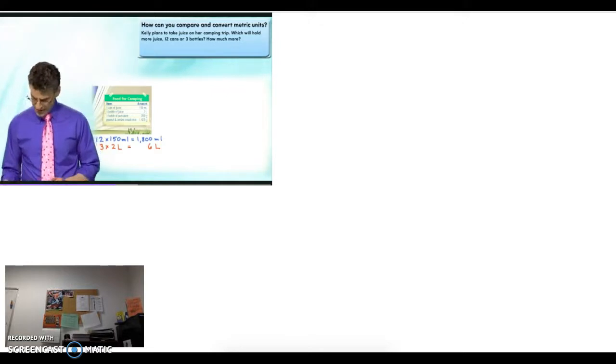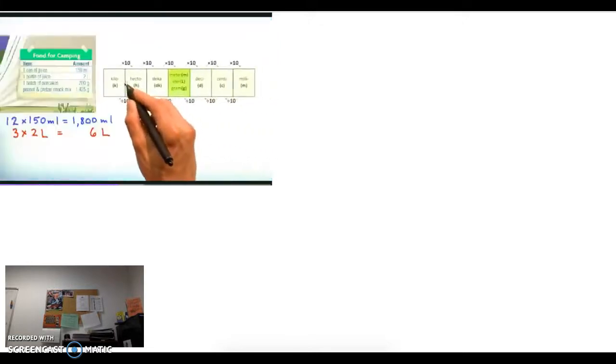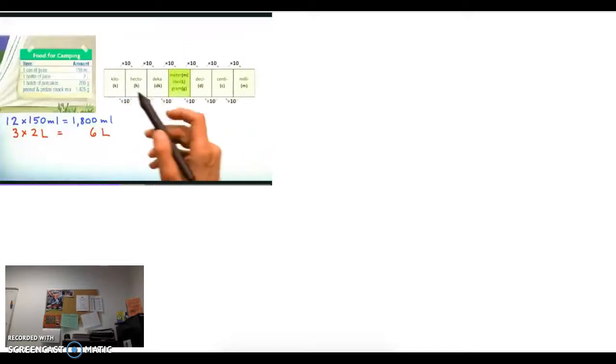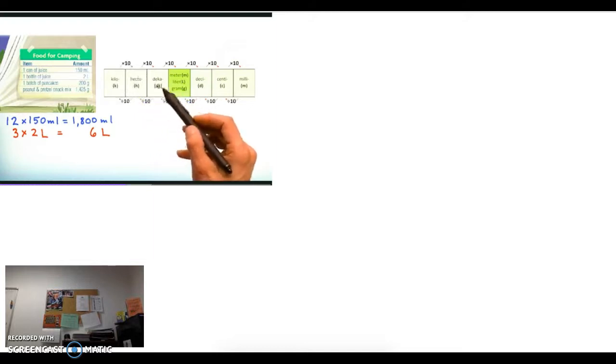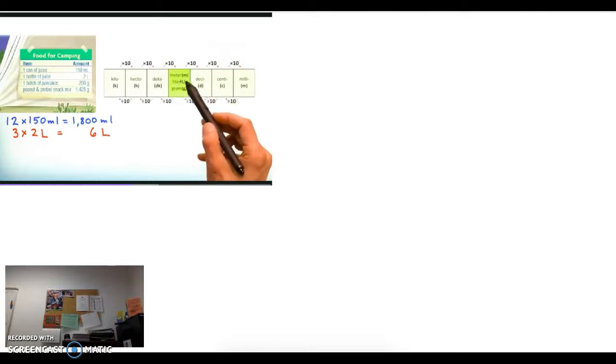Well, you know how the metric system works and in terms of what those different words mean. So kilo is the biggest thing you've got, and so if you want to convert from kilos to hecto something, you just multiply the kilos by 10, and that gives you hectos, and if you want to go to deca, then you multiply by 10 again, and so forth. If you're at, for example, liters, then if you multiply by 10, that gives you deciliters, and if you multiply by 10 again, you get centiliters, and if you multiply by 10 again, you get milliliters.